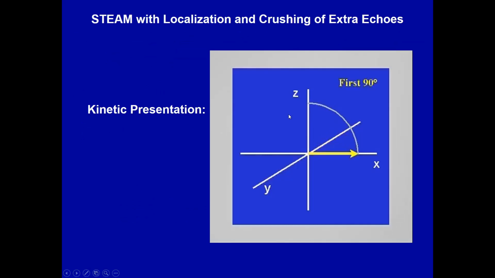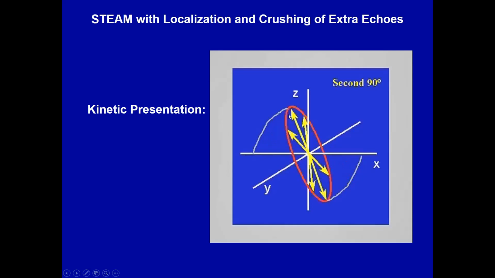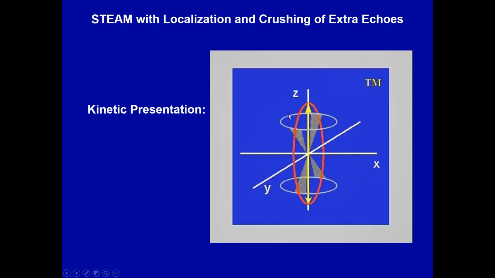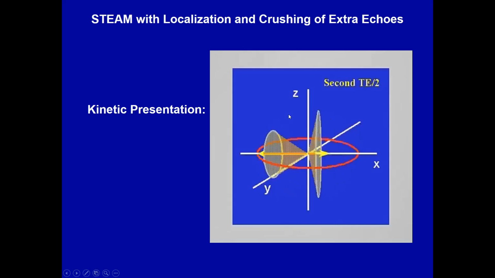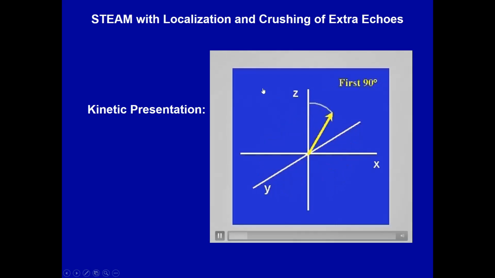First, we tip into the XY plane. Then the magnetization begins to dephase, and we apply a pulse in another direction, 90 degrees. And now whatever component is oriented along the XY plane also dephases. And now here, after the third pulse, we get some refocusing.